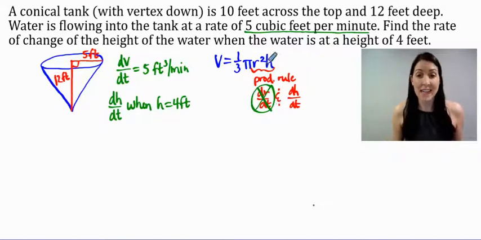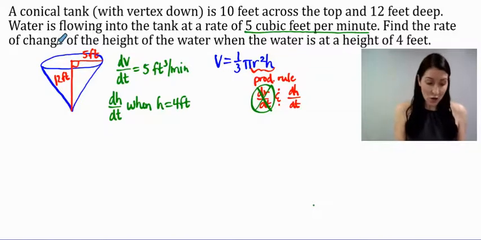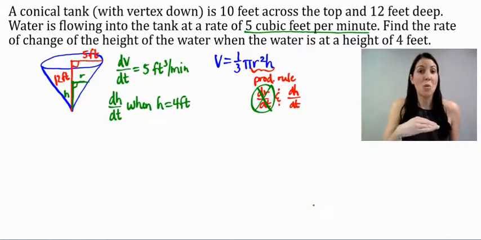The way we get rid of that is by replacing r with something else that we can substitute in so that we don't have a dr/dt when we differentiate. The way to do that is to go back here and look at these dimensions of our cone. What's true of any cone is that no matter the height of where the water is, the ratio of the radius divided by the height will be proportional, because you have two similar triangles in your cone.